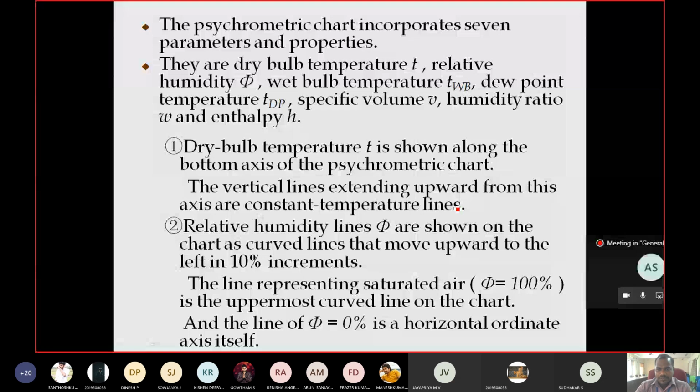These vertical lines give you the dry bulb temperatures. Relative humidity lines are shown on the chart as curved lines. The line corresponding to saturated air, 100%, is the uppermost curved line on the chart, and 0% is the horizontal axis itself.